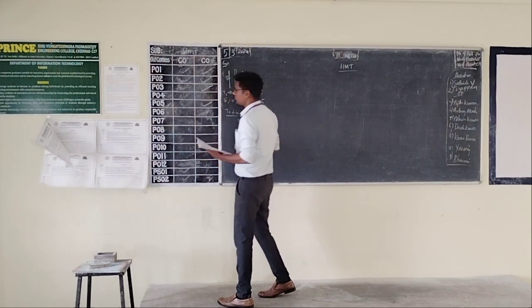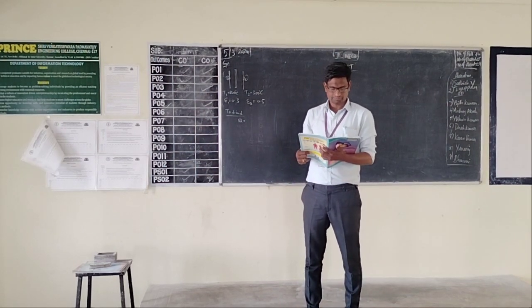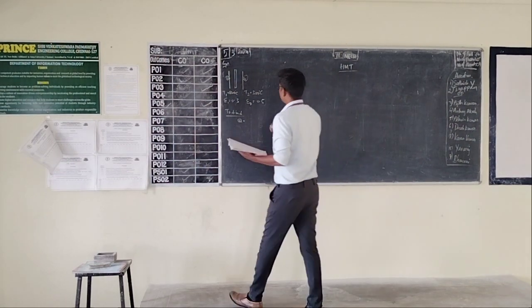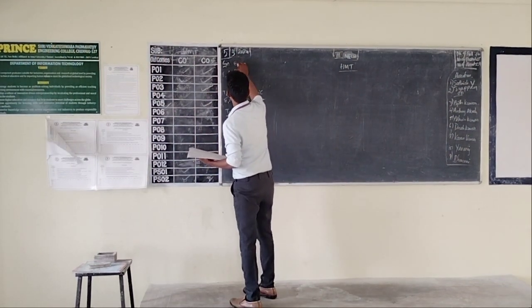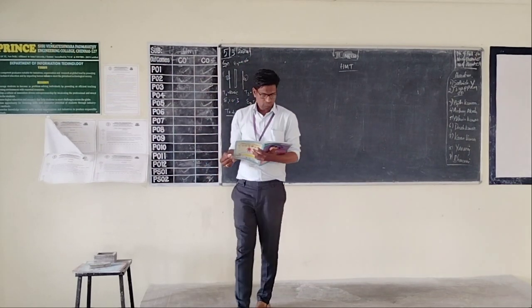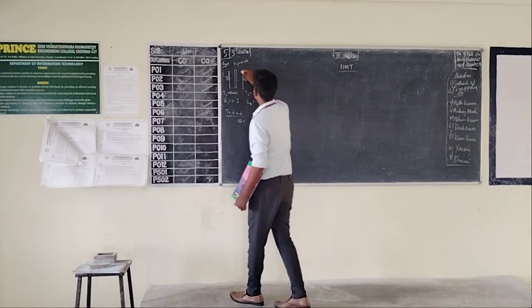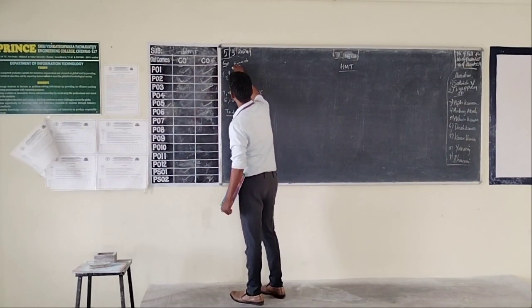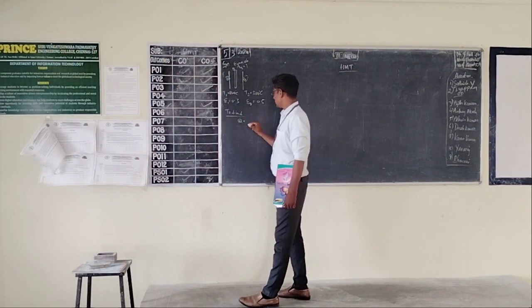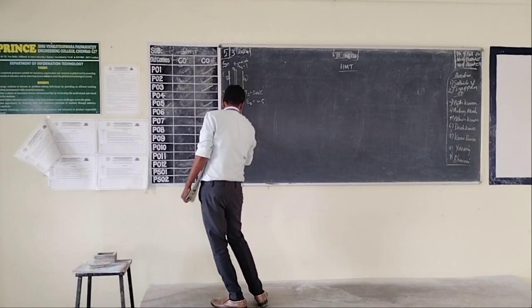The polished aluminum shield has an emissivity of 0.06. Also find the temperature of the shield. That is the third part, and we are asked to find the reduction in radiation.